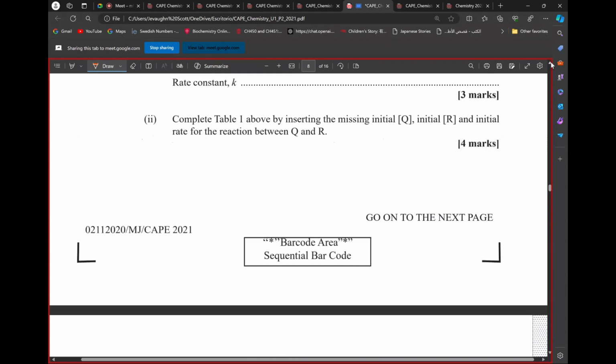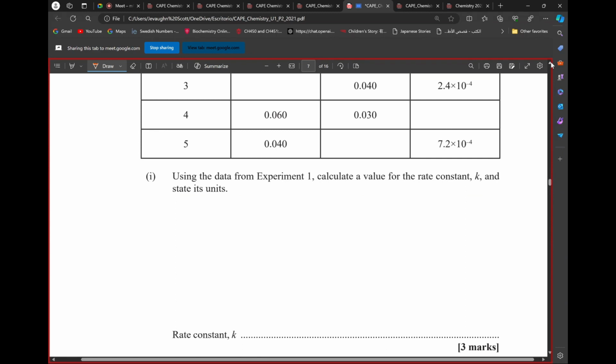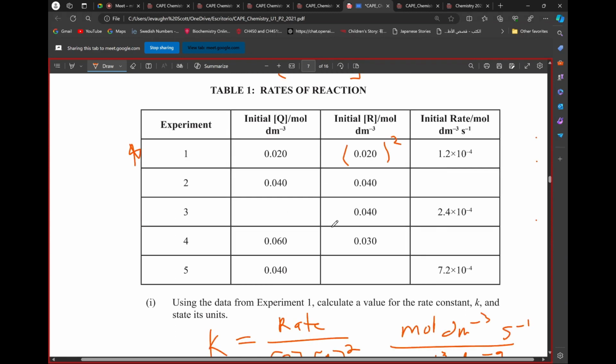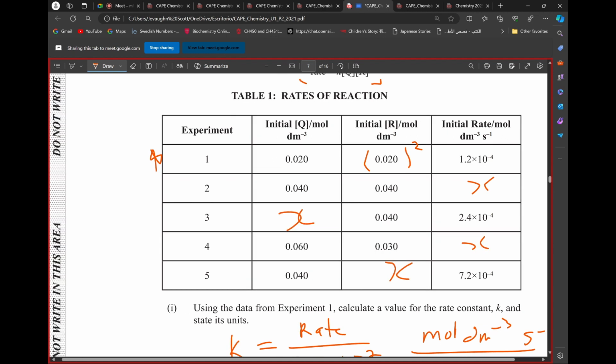To be very honest, in the interest of time, do you guys know how to calculate these? Because you now have the rate constant k. All you do, you plug in your k, and then you find here x, x, x, and x. Plug it into the equation, and then go around to find answers, right?